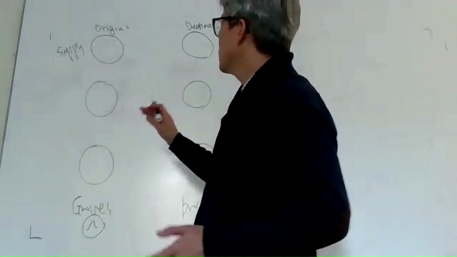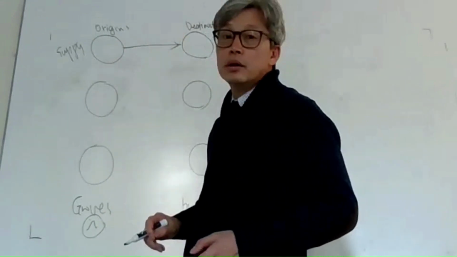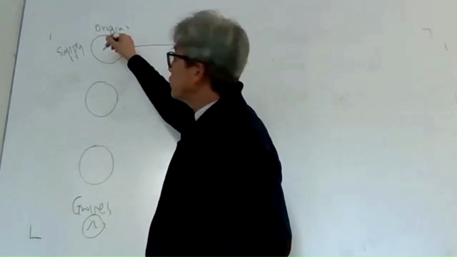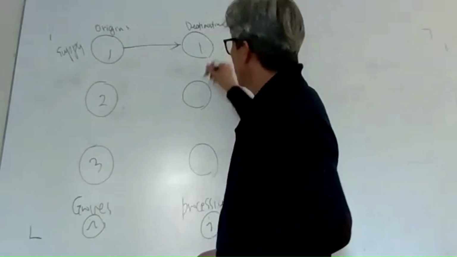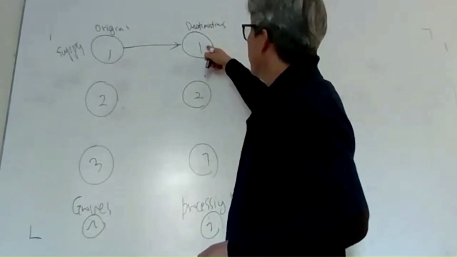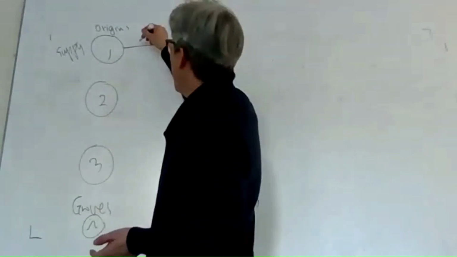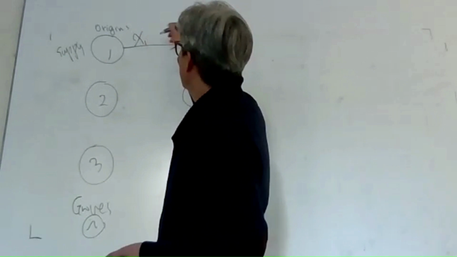So the question is, how many bushels will be shipped from Mount Dora to the first processing plant? Let's say these X bushels from 1 to 1.